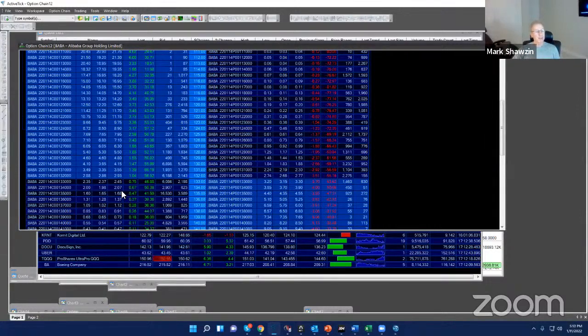But what I'm saying is, each option, so this is $2.45, but you've got to multiply it by 100. So this is $245 for one option. So if you want to spend 50 bucks, you can't do this. Sometimes I'll find options for, I bought some Uber options for like 20 cents, for $20, and they went to $90 today.